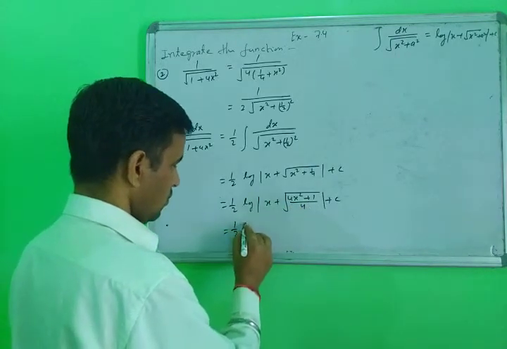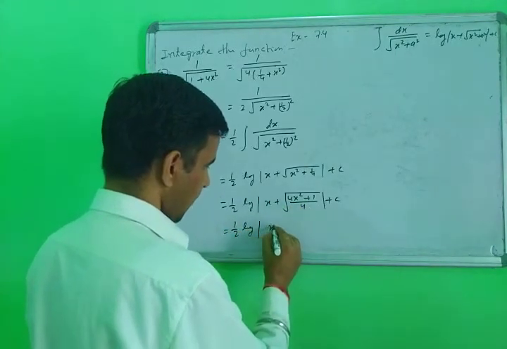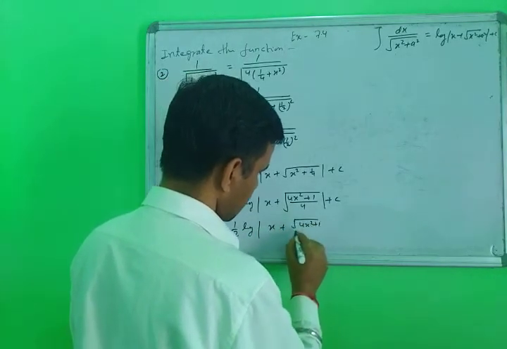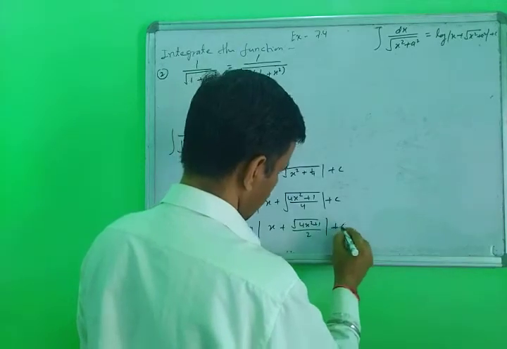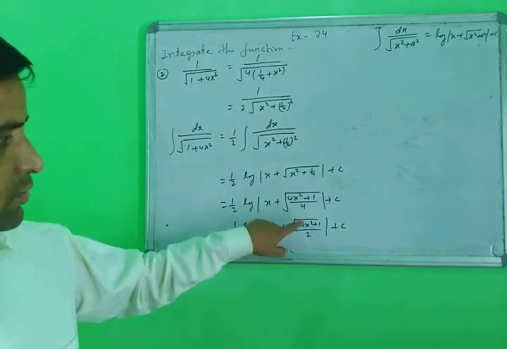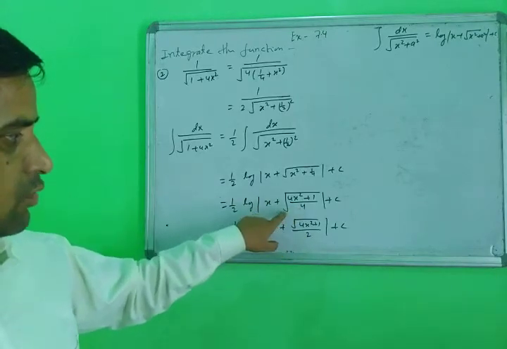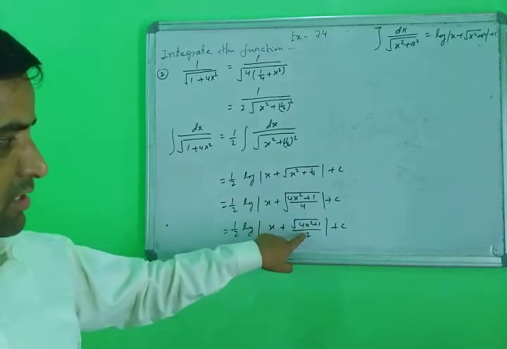So 1 by 2 log x plus 4x square plus 1 upon 2 plus c, because 4 is a perfect square of 2, so removing the square root from 4, this comes outside.